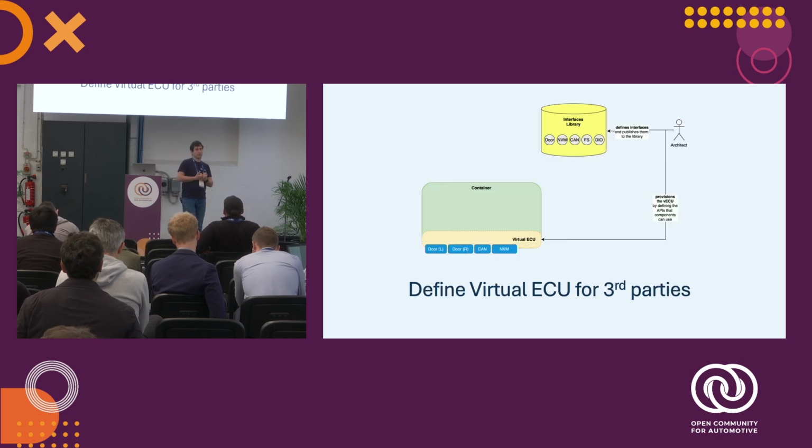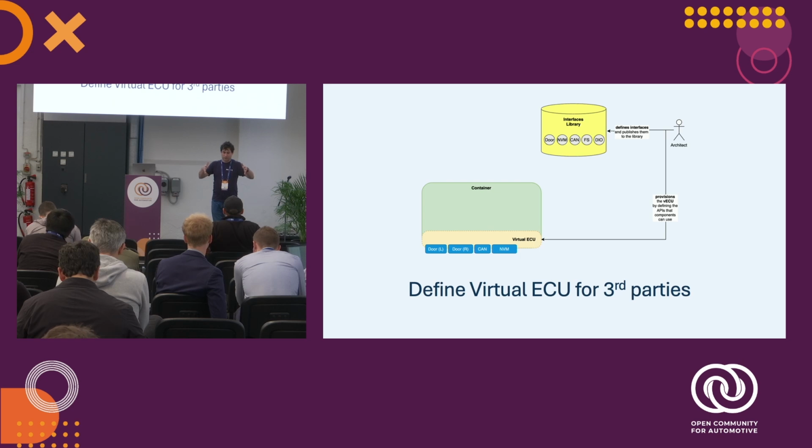The second step is we need to define an ECU on which these third-party applications will run. These third-party applications are super sandboxed. Their world will be exactly what we allow them to see. They will never know the hardware on which they run. They will never know anything about the operating system.